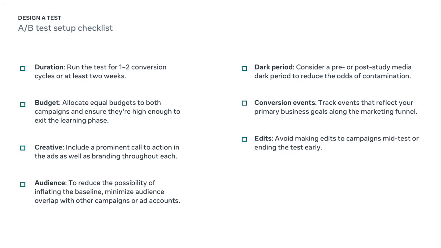Consider a pre or post-study media dark period to reduce chance of contamination. For the conversion events, track events that reflect your primary business goals along the marketing funnel. And for the edits, avoid making edits to campaign mid-test or ending the test early.